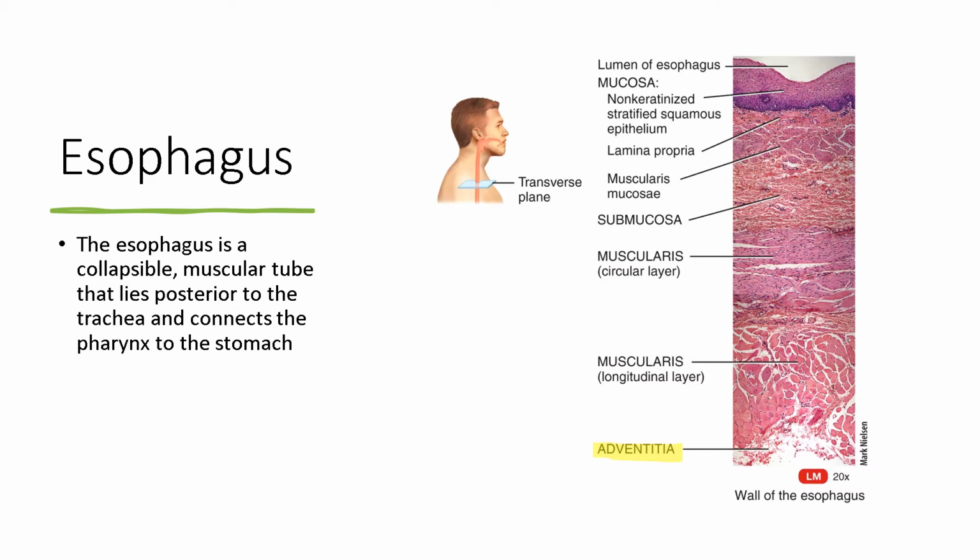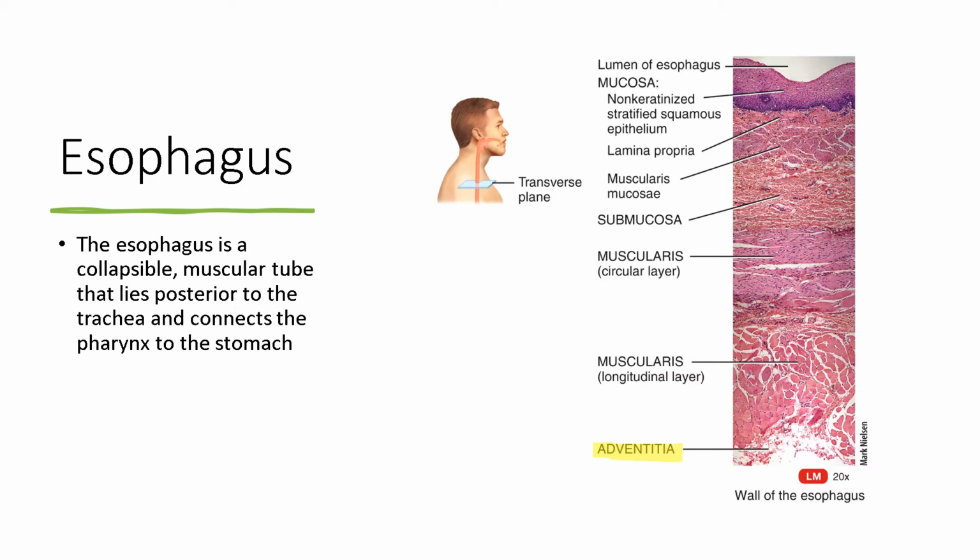It's called the adventitia because the areolar connective tissue of this layer is not covered by mesothelium, and also because the connective tissue merges with the connective tissue of surrounding structures of the mediastinum through which it passes.